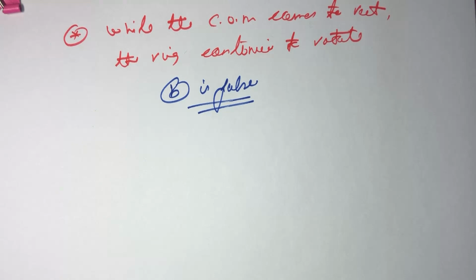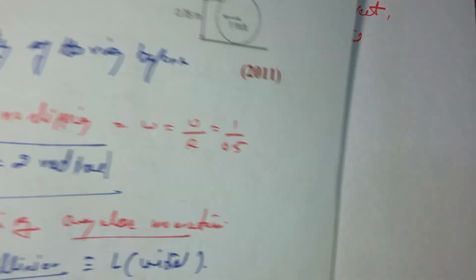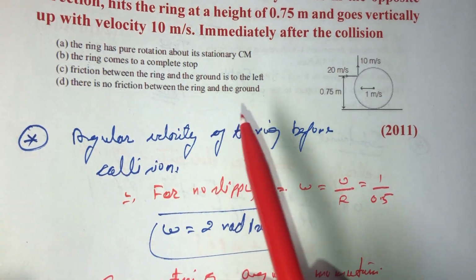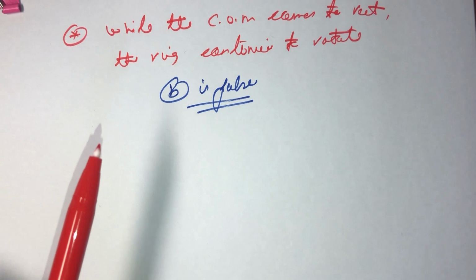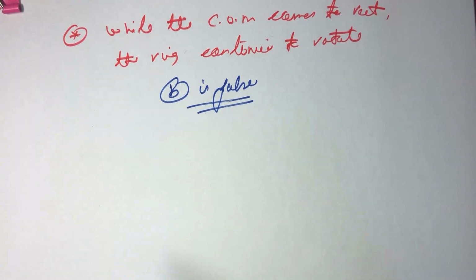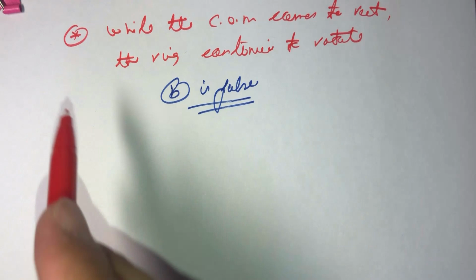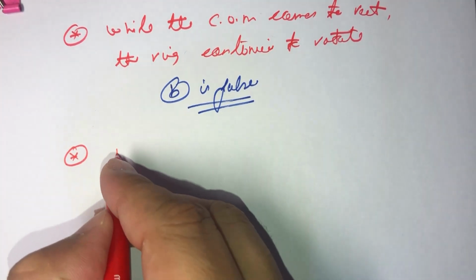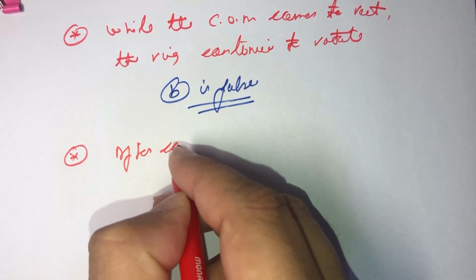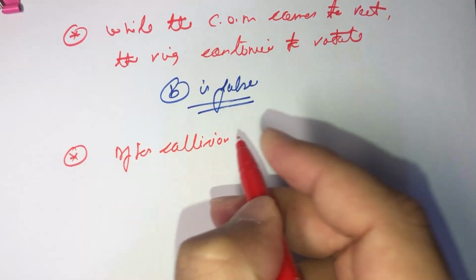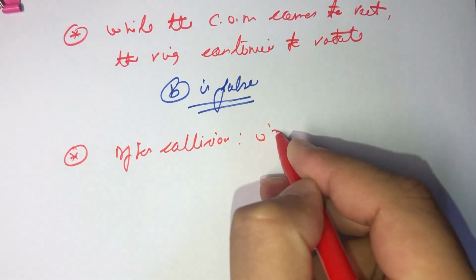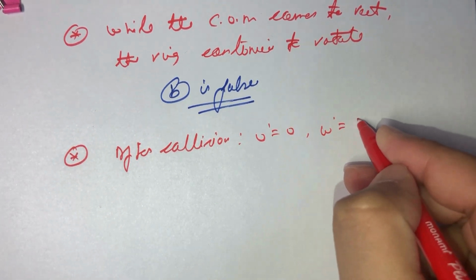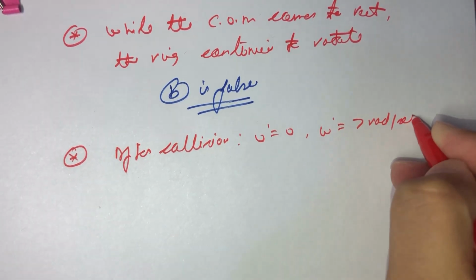Now we come to the next part, where both C and D are related to friction. So let's find out about friction, and if it is going to act, then in what direction. We just proved that after collision, V prime is equal to 0 and omega prime is equal to 7 radian per second.